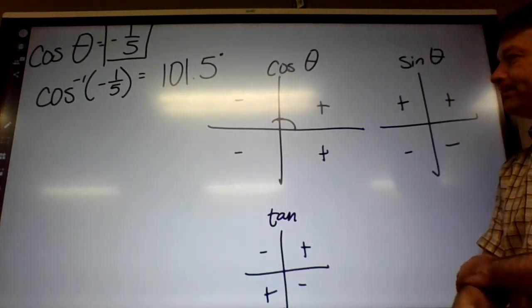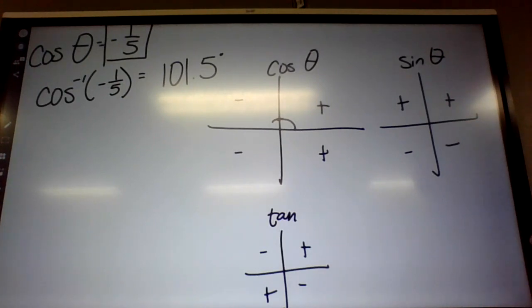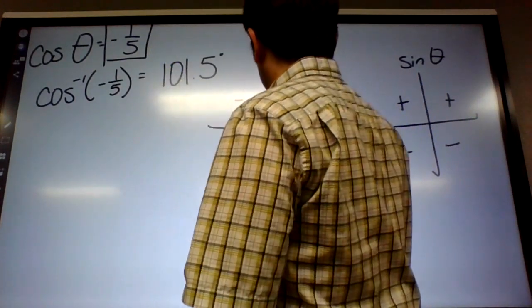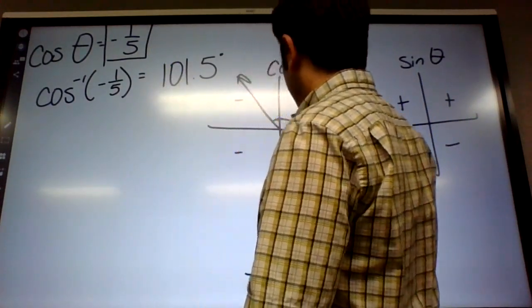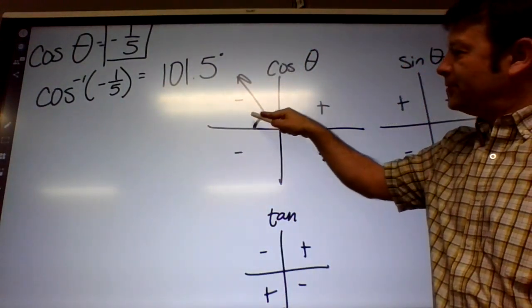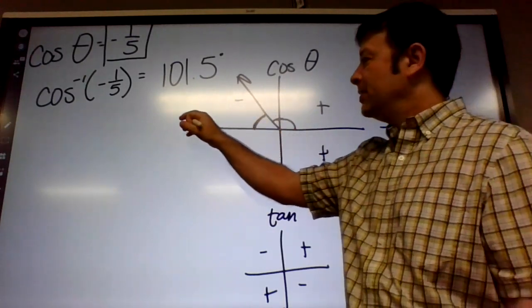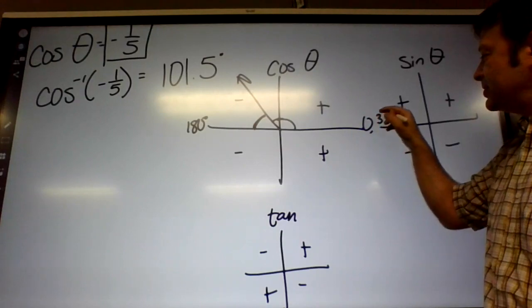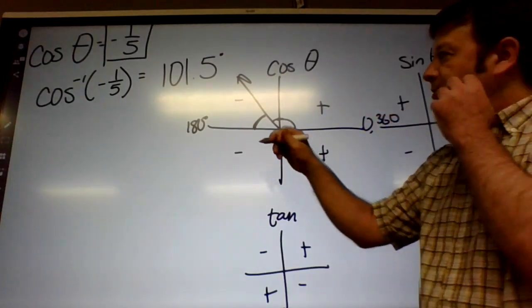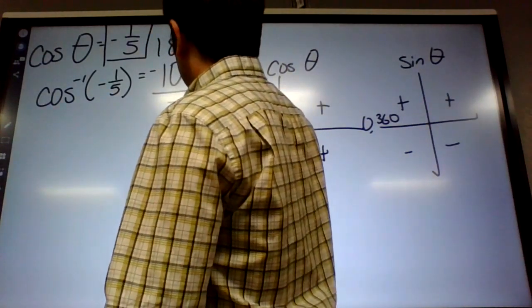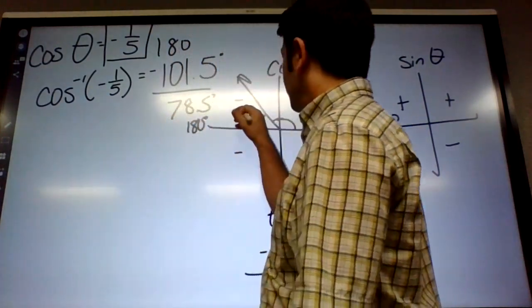Well, basically, all the angles that have the same reference angle give you the same ratio. So how do I find the reference angle for this one? 180 minus 101. The reference angle is how far it is from the x-axis. Over here, the x-axis is 180 degrees. Over here, it's either 0 or 360. So if we do 180 minus this, 78.5, that would be the reference angle.